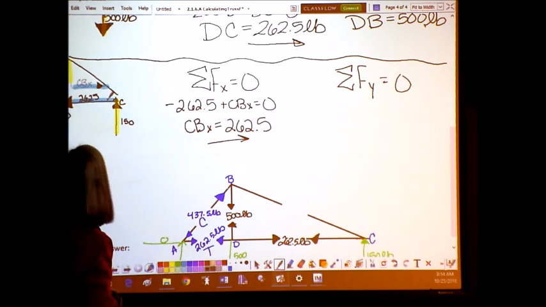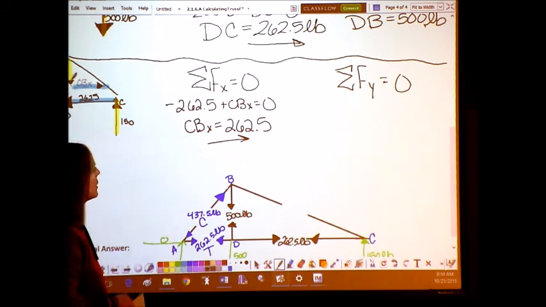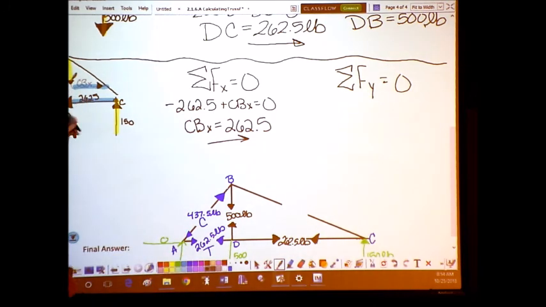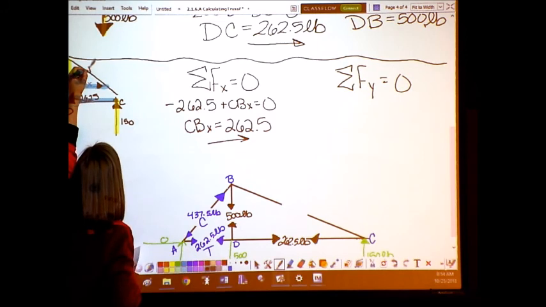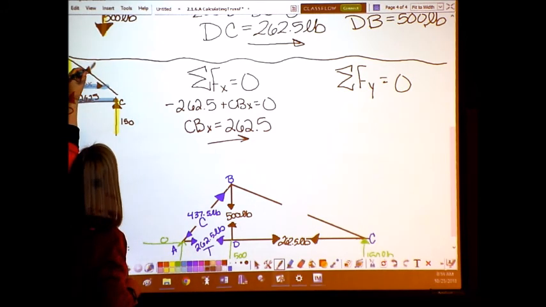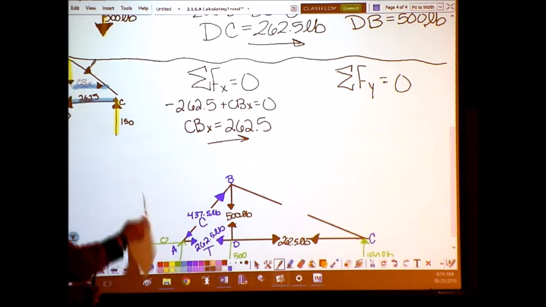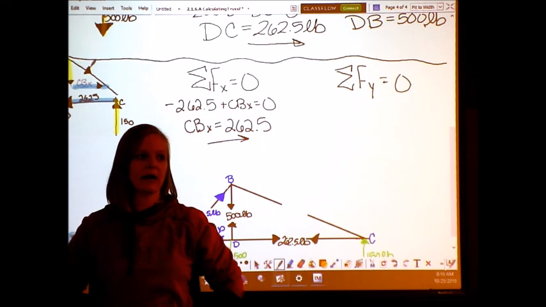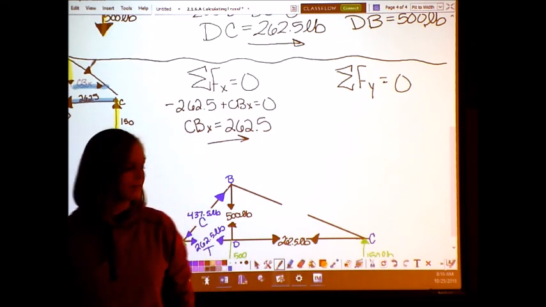So Brianne said down, she's spot on. Good. If this is down and right, then guess what? This one is down and right. They have to get along. It's not like your vertical and horizontal can go up and left and the other one go down and right. That's impossible. They have to go the same.